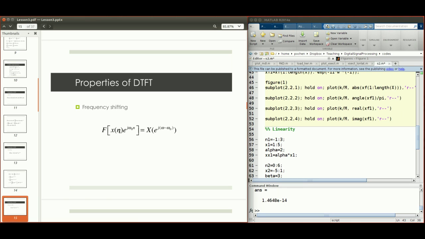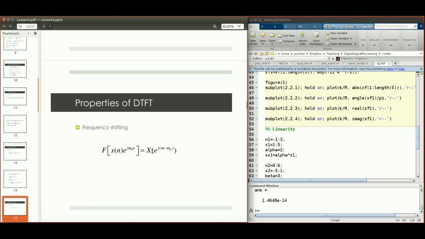The important thing is to realize that in the frequency domain, it's a function of omega, right? And this side of the equation, X e to the j omega subtract omega 0, actually means a shifted version of this big X function, which is a function of omega.